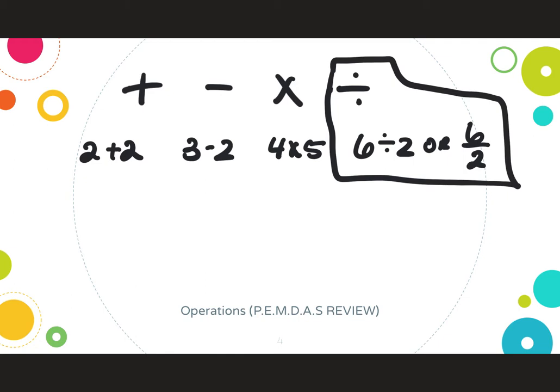I'm going to make my little pen a little bit smaller because it's too intense. So those are the four main operations, and we've talked about you have to do them in a certain order. We've talked about PEMDAS, which is parentheses, exponents.